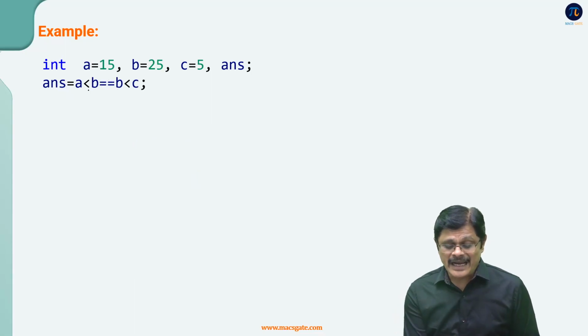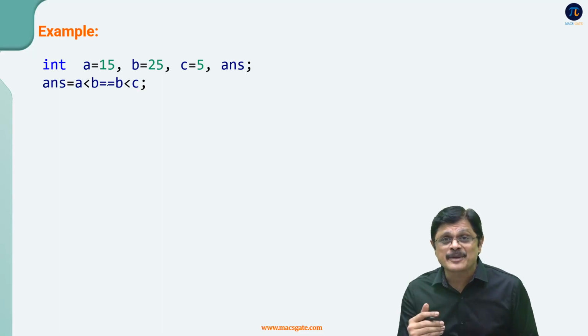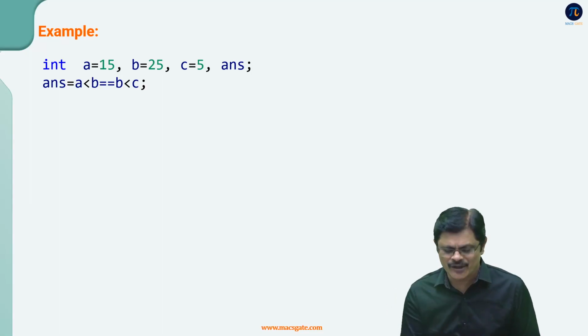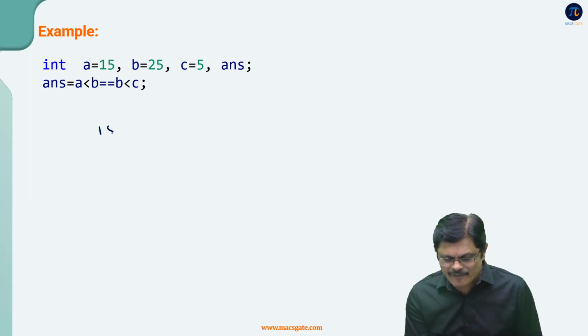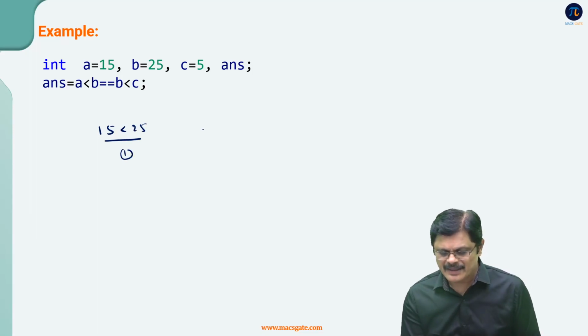Now look here, we have less than 2 times and equal to. Equal to has less precedence than less than, greater than, less than or equal to, greater than or equal to. So here first 15 < 25 is performed, then b < c, that is 25 < 5, is performed next, then finally the equal to is performed.